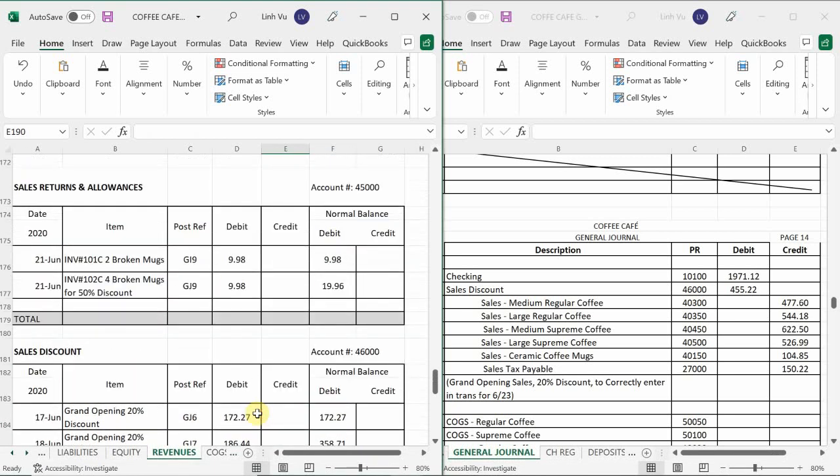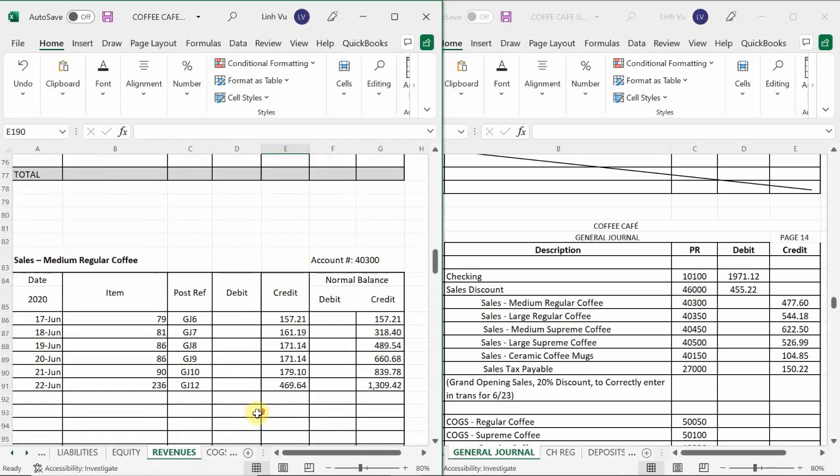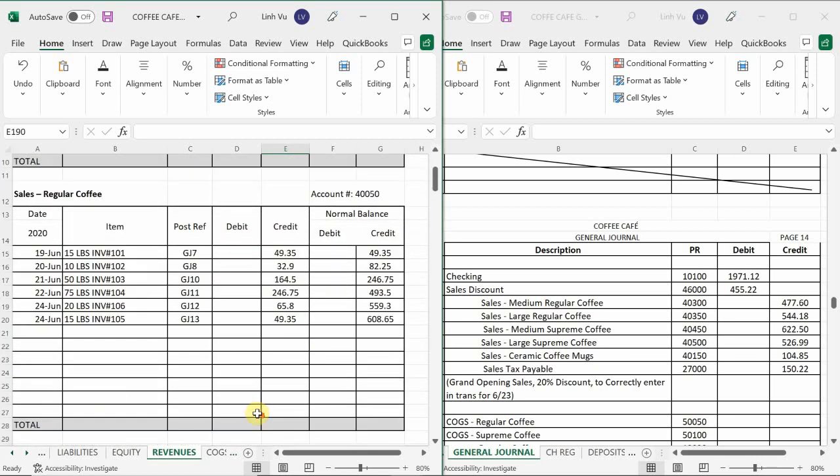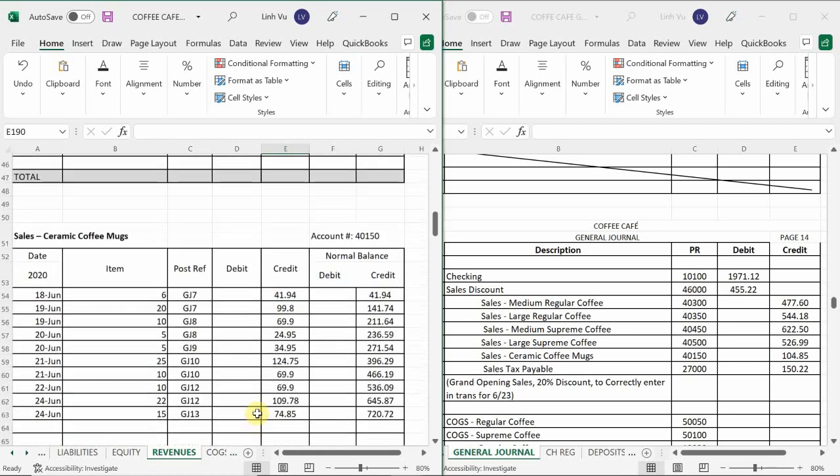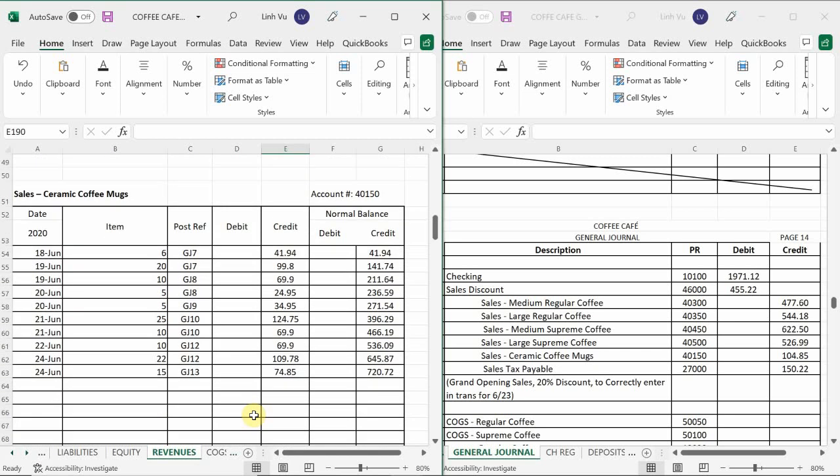And let's see, we have sales, medium, regular coffee. Now it's up to you. If you want to put the actual date on here, you can, just because we haven't done the 24th's daily sales yet. So you can do the 23rd. Just make sure that you know what you're doing, so you don't mess up your formula or anything like that.